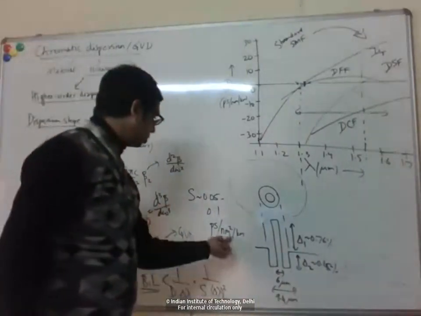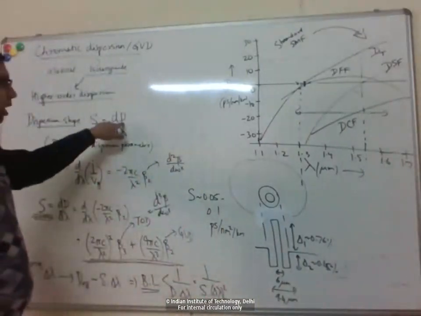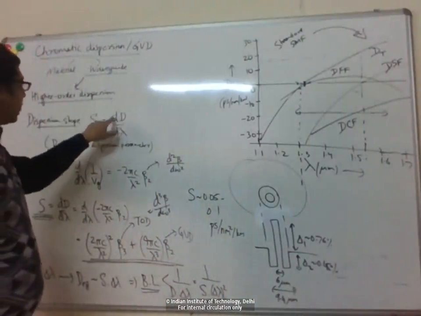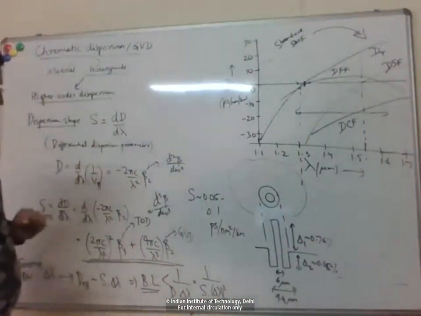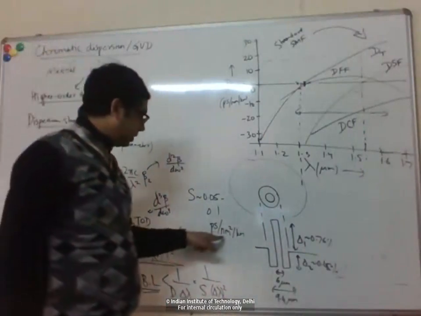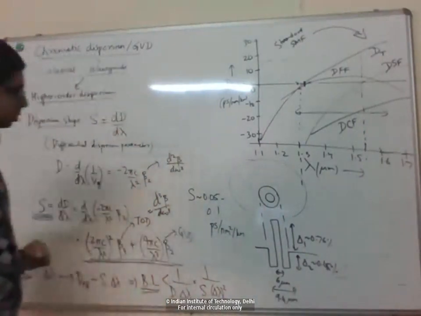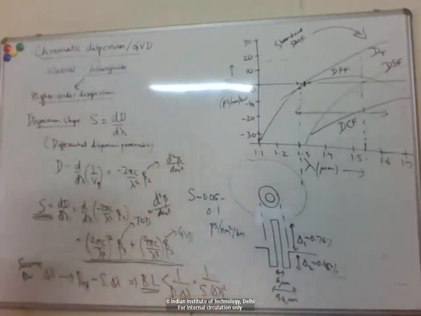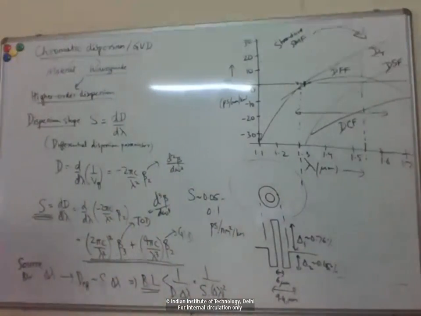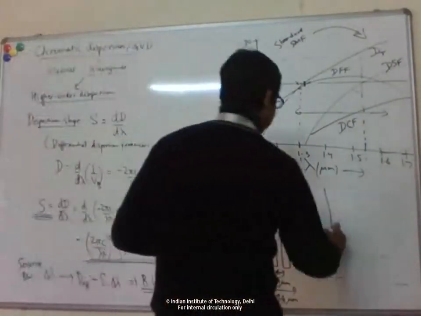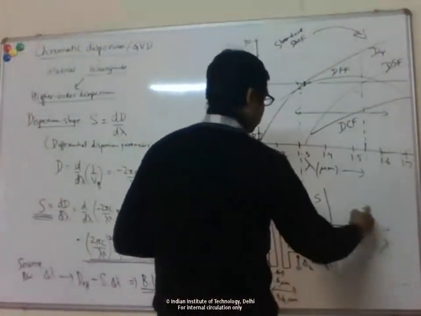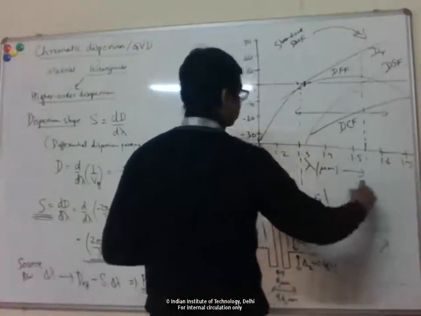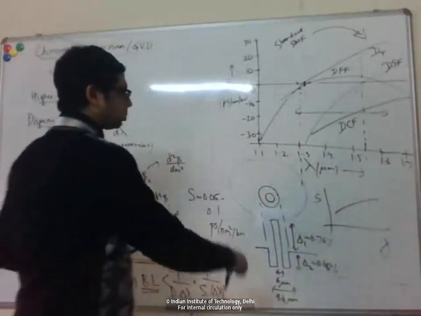Because again, D was picosecond per nanometer per kilometer. So you take another differential with lambda, so you get a nanometer square. And you can also see from here, that's why you get a delta lambda square. Okay, so if you plot S as a function of wavelength, for this telecom wavelength range, it is positive with this value.